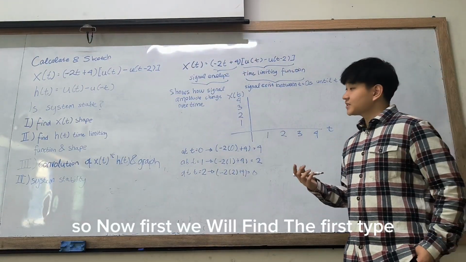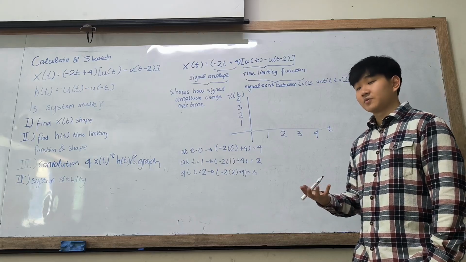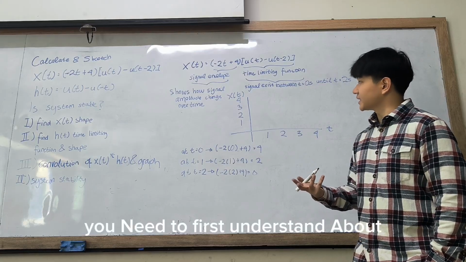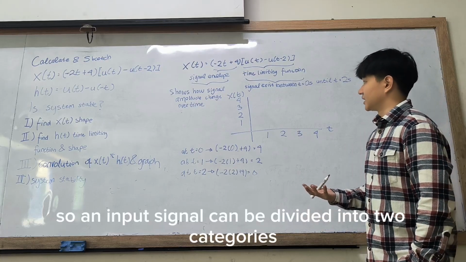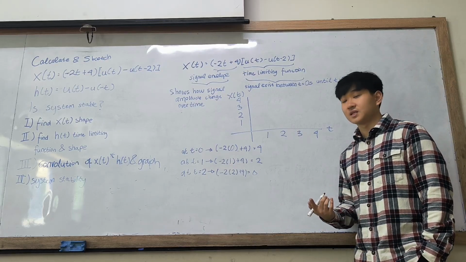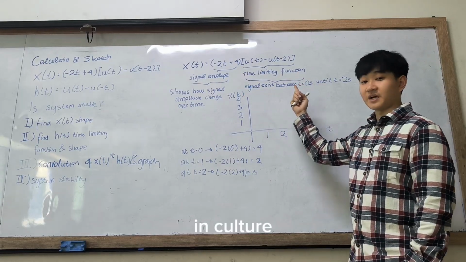So now, first we will find the first step, which is the shape of the input signal. To do so, we need to first understand what the input signal even is. An input signal can be divided into two categories. The first one is the signal envelope, and the second one is the time limiting function.